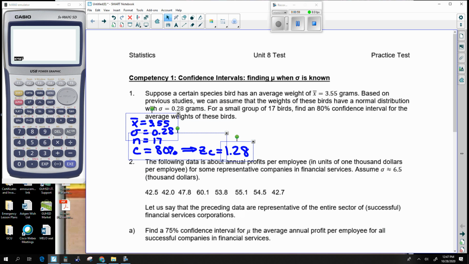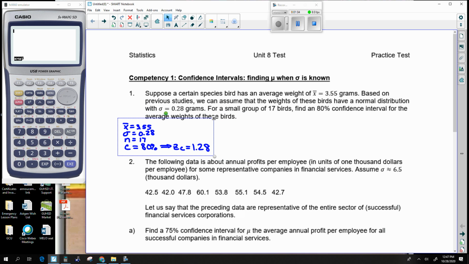Then we can go ahead and work on the margin of error in this situation. So the margin of error is ZC sigma divided by the root of n.